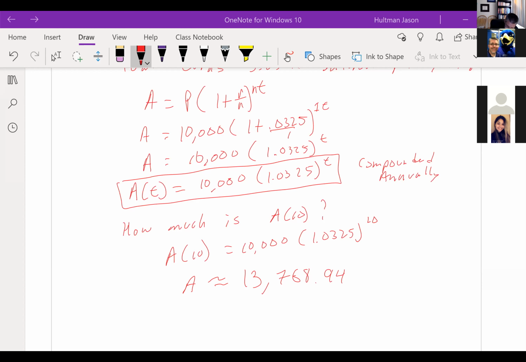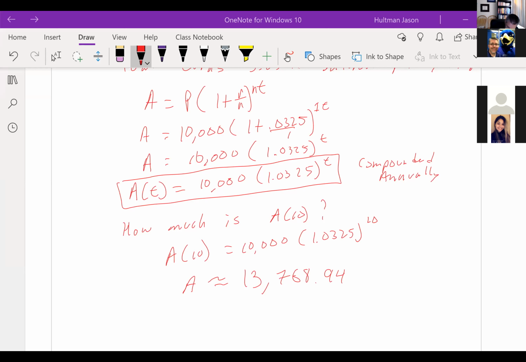So 10,000 times 1.0325 raised to, I'm going to pin this to the taskbar, there we go. I'm going to unpin this.